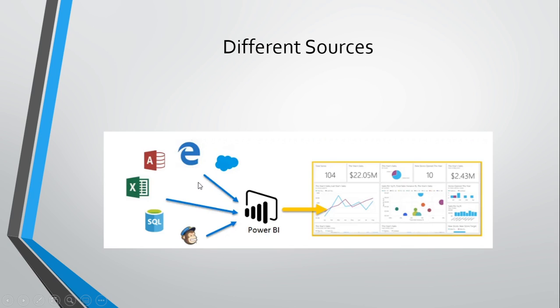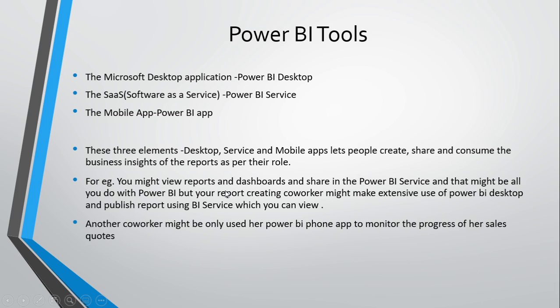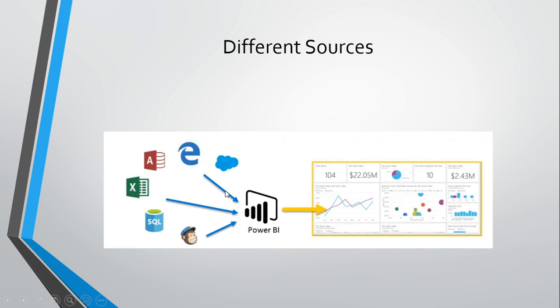Whereas in SSRS we will not be able to extract the data from Internet Explorer, from a Twitter account, from a Facebook account. But Power BI has the capability to get the data from multiple data sources, analyze that data, and convert it into interactive reports. Okay, here you can see this is the user interface of a report.